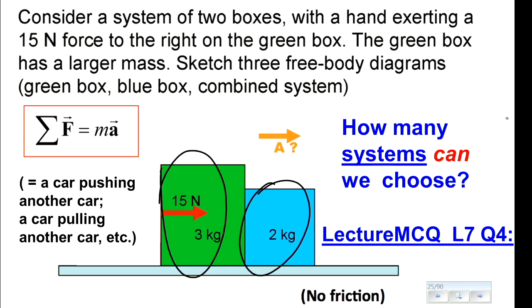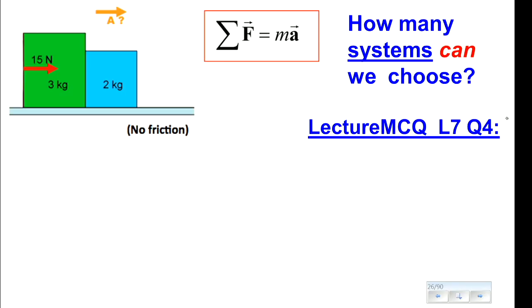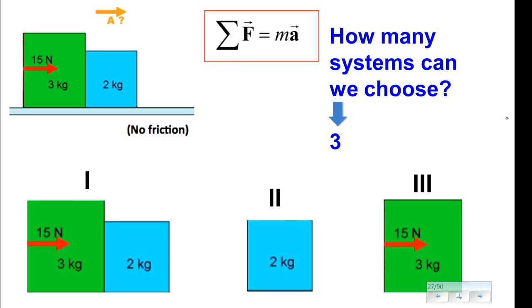No one can stop me from doing that. But where else could I do it? No one said that I couldn't imagine that they are just nailed or glued to each other. It actually absolutely doesn't matter. I can say, this is my system. So we can call 3 systems.